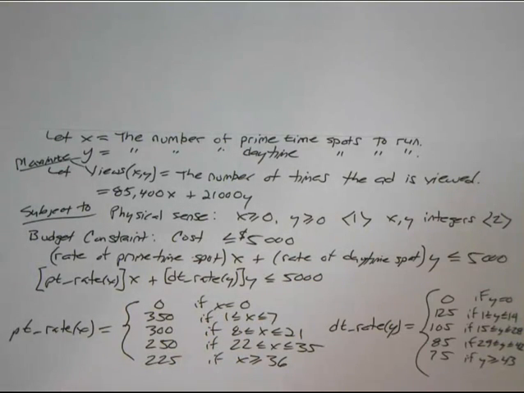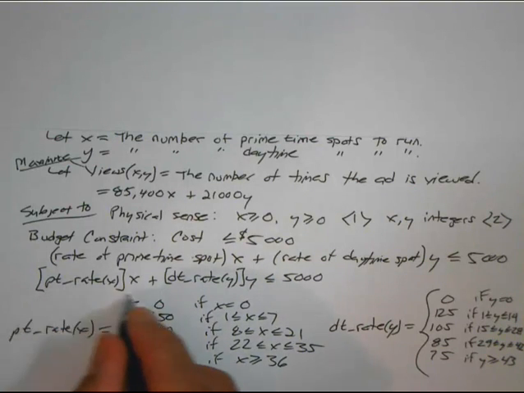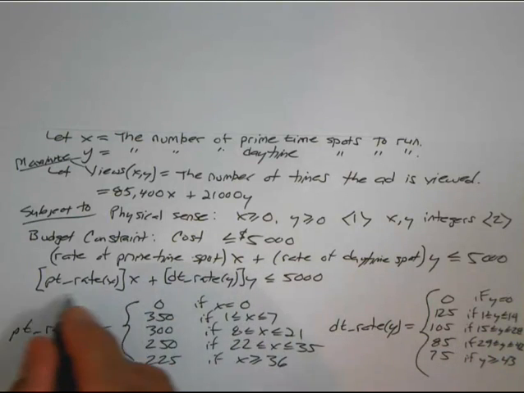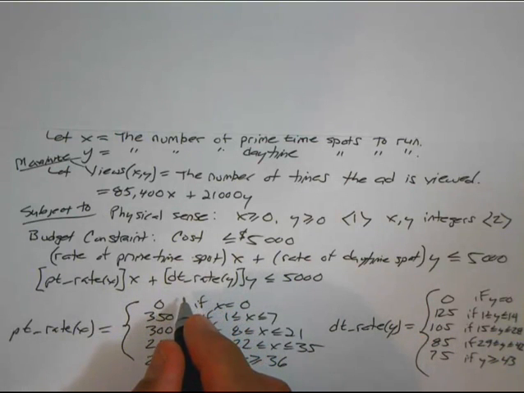Now, what we could even do further, since it might be useful, is simply define this left-hand side as being the cost function, the cost of the ads.